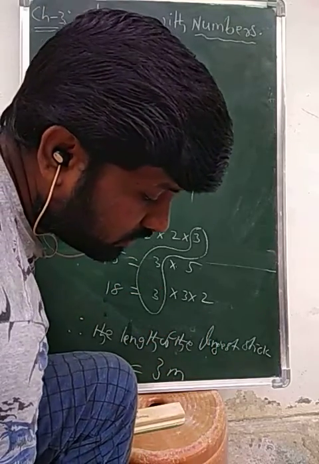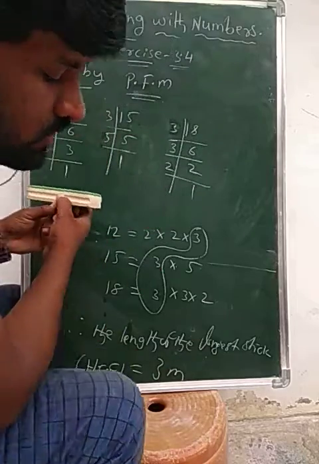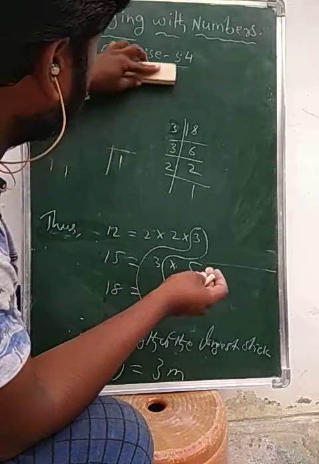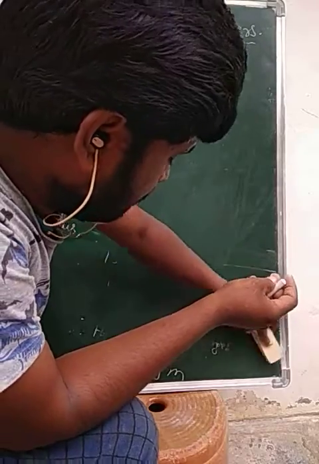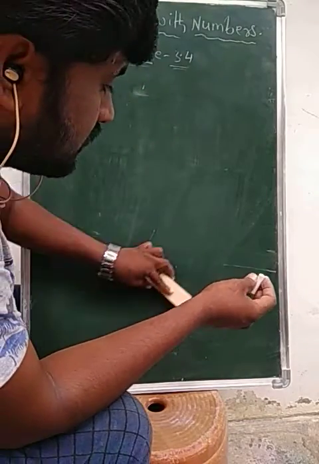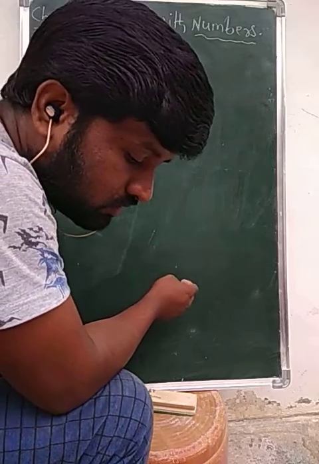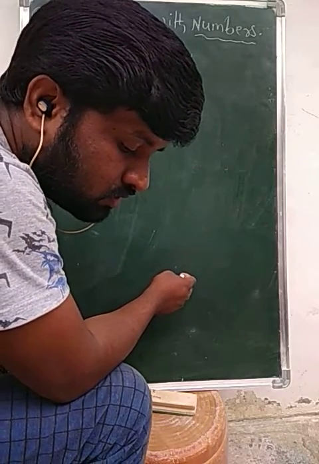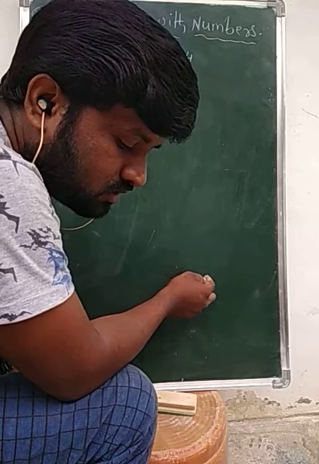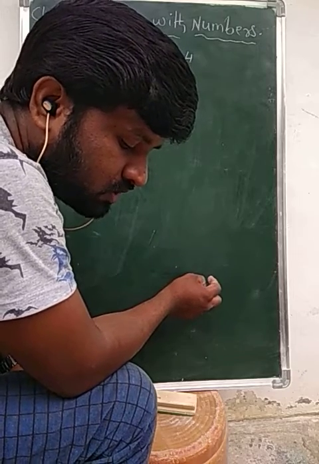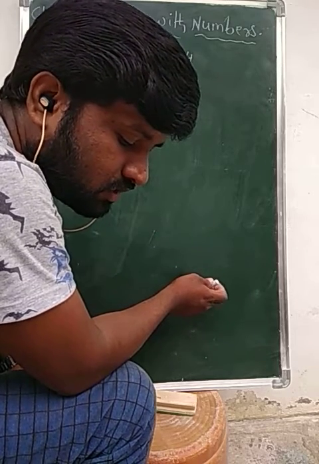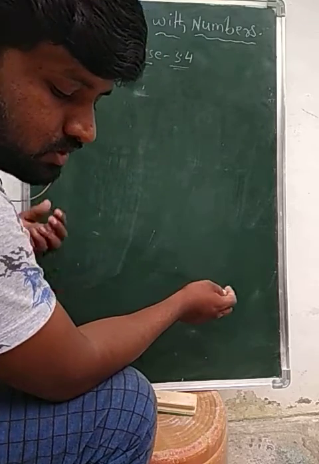In the same manner, now see one more question, question number 4. The question is given: the HCF of coprime numbers 4 and 15 was found as follows by prime factorization.